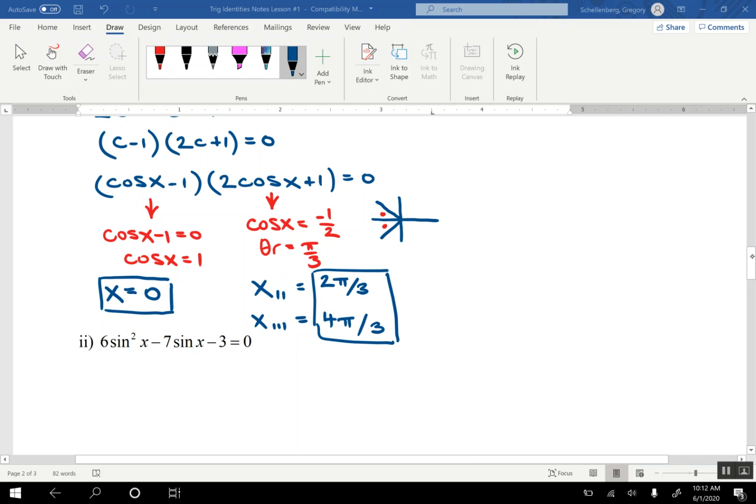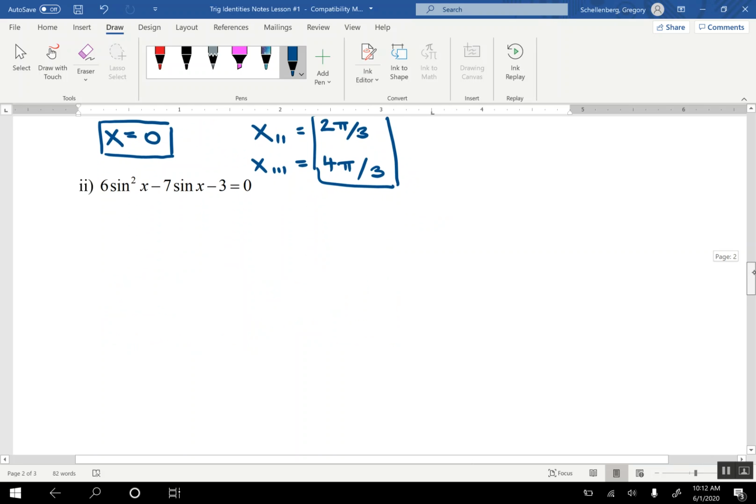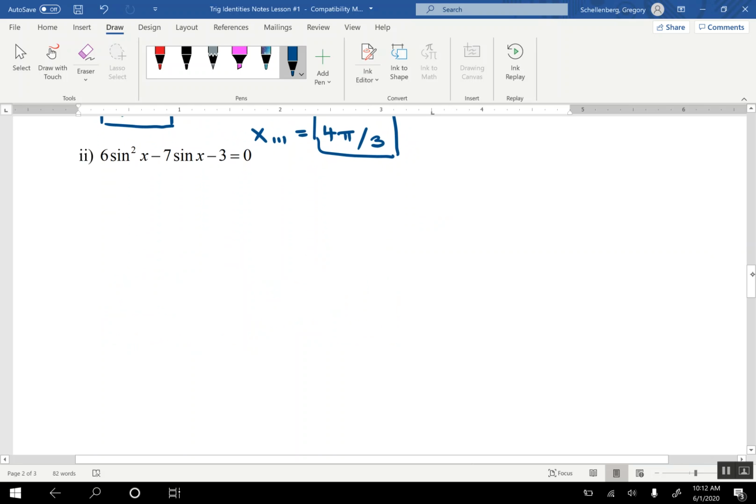Okay, so number 2 is going to require us to do some factoring as well. So I'm going to substitute sine x out just for s. So I'm going to rewrite 6 sine squared x as 6s squared, and then minus 7s minus 3 is equal to 0.